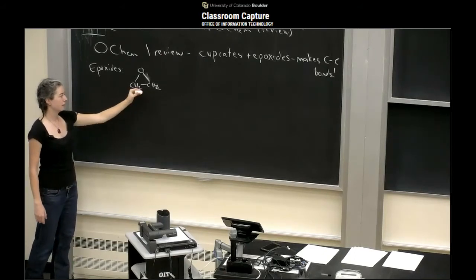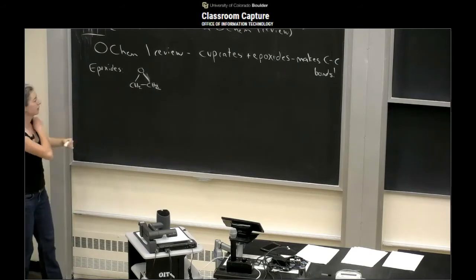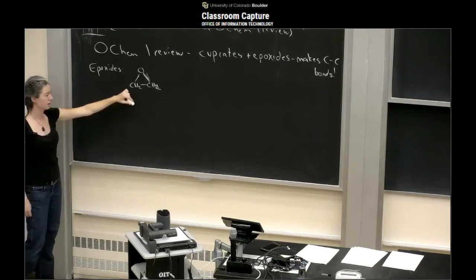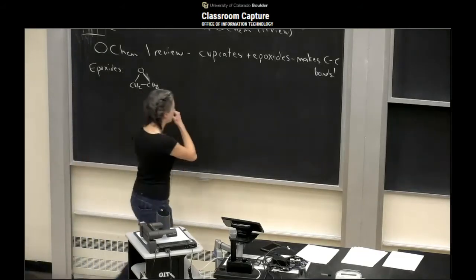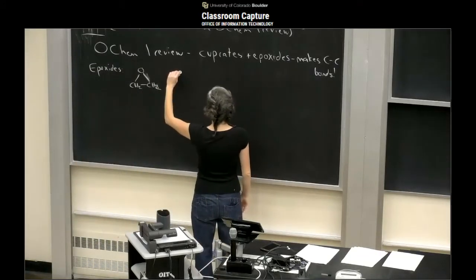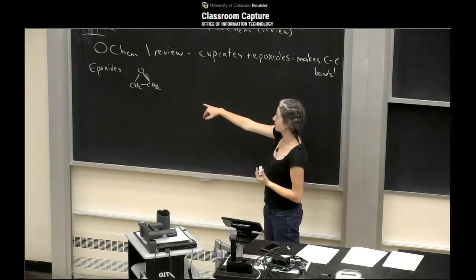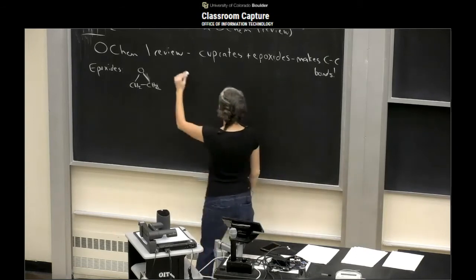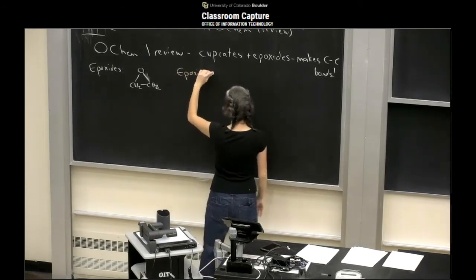So you can have like 4 methyls or a butyl coming off of there, but that's the simplest possible epoxide, just this 3-membered ring. We have 2 different types of reactions that are going to do stuff with epoxides. They both fall under epoxide ring opening.